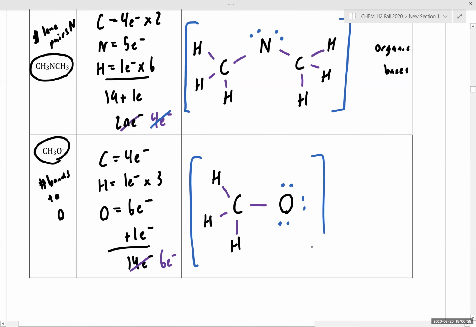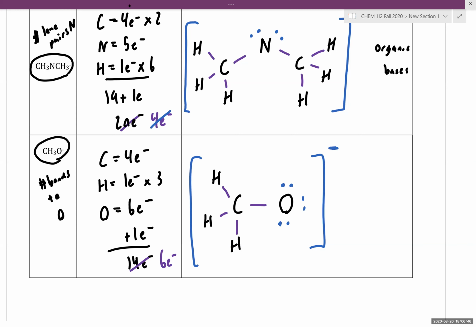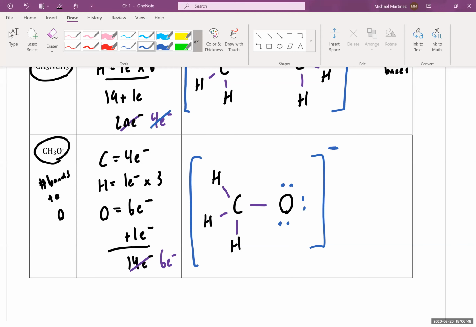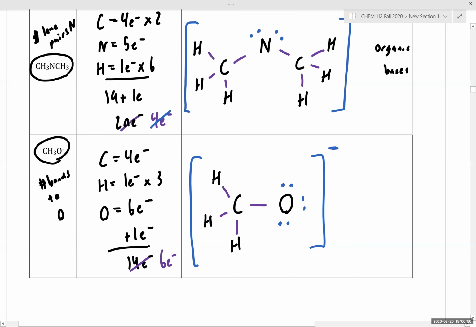Methoxide and other alkoxide species are wonderful reagents for, again, acid-base reactions and for elimination and substitution reactions. So you'll see these structures a lot more later on in this course. Any questions on these 2 examples for drawing Lewis structures of anionic species?